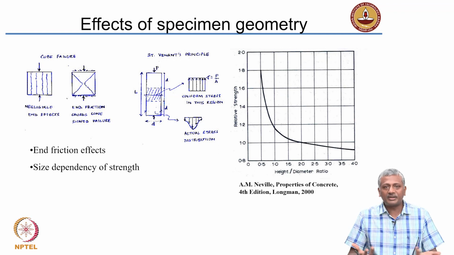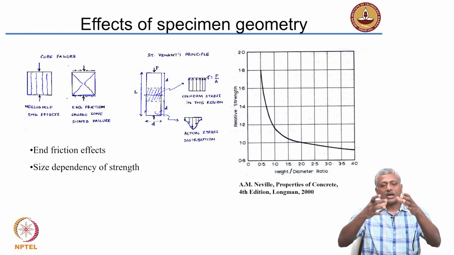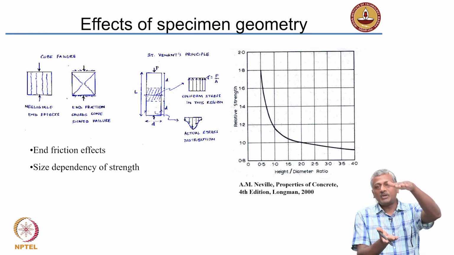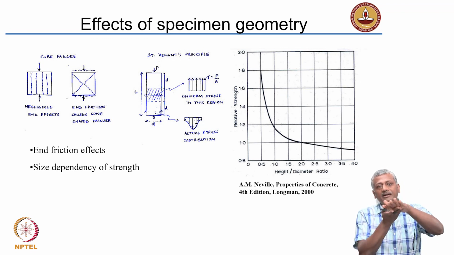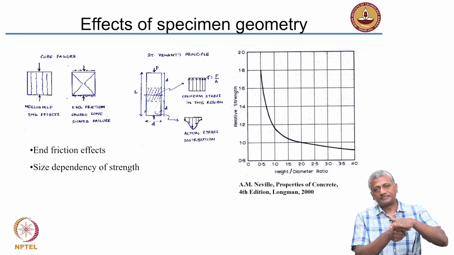So, what am I saying? What are the end conditions in the strength test? You have your cube or cylinder sitting between the loading platens, and the loading platens are going to compress the cube or cylinder. The platens are made typically out of metal, and the concrete and the metal interface may have some friction.